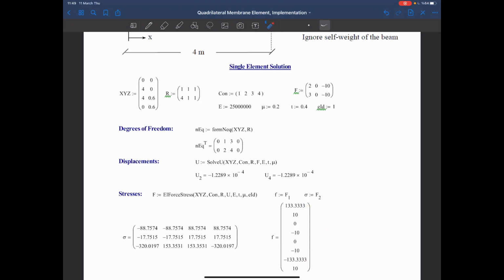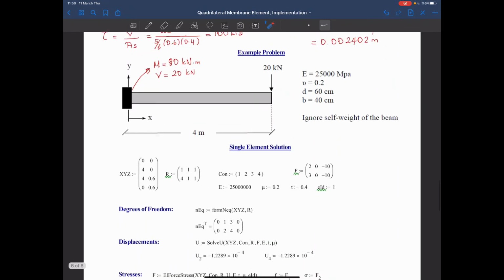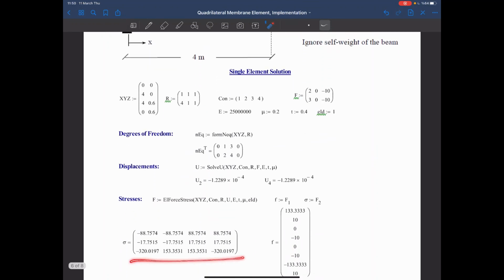So it's in equilibrium, and the shear forces at the nodes, this is the first node, this is the fourth node, balance the input loads. So when you look at the k times u results, as expected, they satisfy the equilibrium conditions. But when you look at the internal stresses, they are far away from the analytical solution. So we see a huge error in this solution.